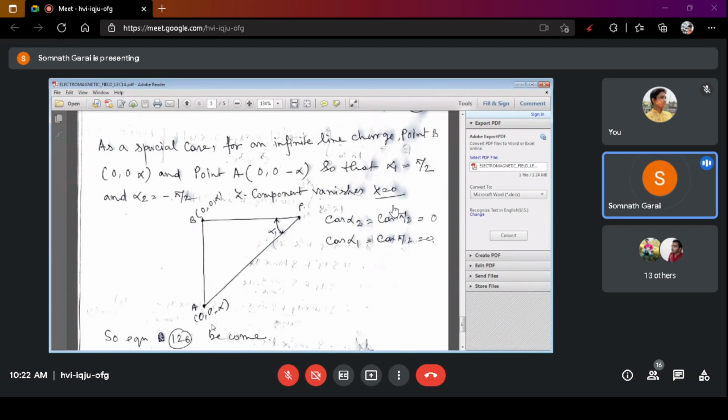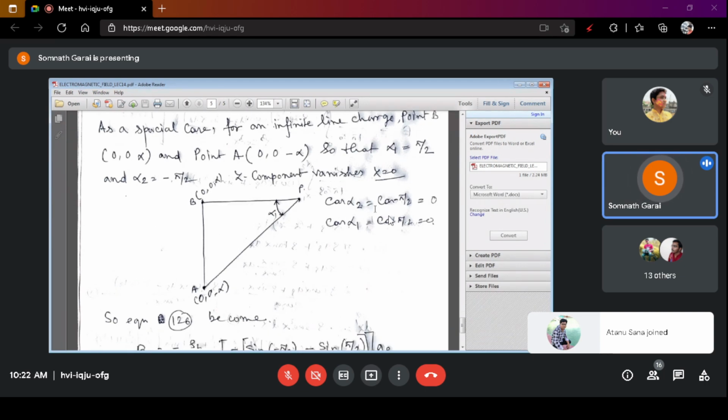So in that case, alpha 1 will be pi by 2 and alpha 2 will be minus pi by 2. So in that case, the z component will vanish. You can understand it by imagining it. The z component is vanished.